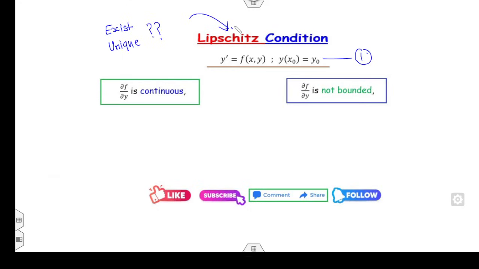The Lipschitz condition. You can find del f upon del y. Again make sure the coefficient of y dash must be 1.